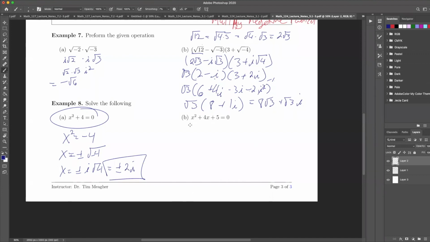Sometimes when we put stuff in the quadratic equation, so here this doesn't factor, we have negative b plus or minus the square root of b squared minus 4ac, where a is 1, c in this case is 5, all over 2a, where a in this case is 1. That simplifies down to minus 4 plus or minus square root of negative 4, all over 2.